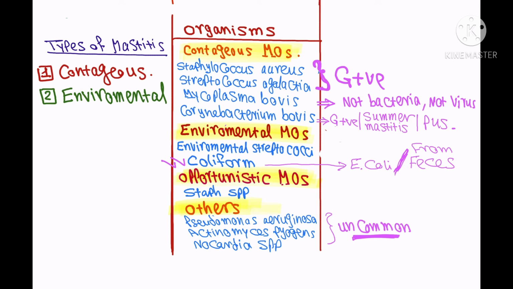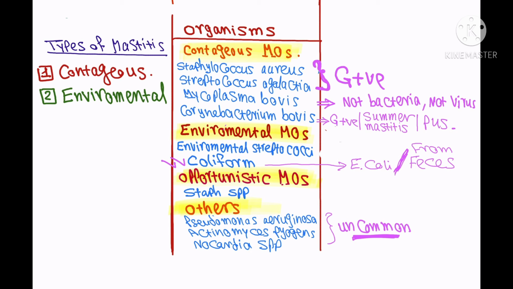First, contagious microorganisms: Staphylococcus aureus, Streptococcus agalactiae, Mycoplasma bovis, Corynebacterium bovis. Staphylococcus aureus and Streptococcus agalactiae are gram-positive bacteria. Mycoplasma is not a bacterium and not a virus. Corynebacterium bovis is a gram-positive bacterium.